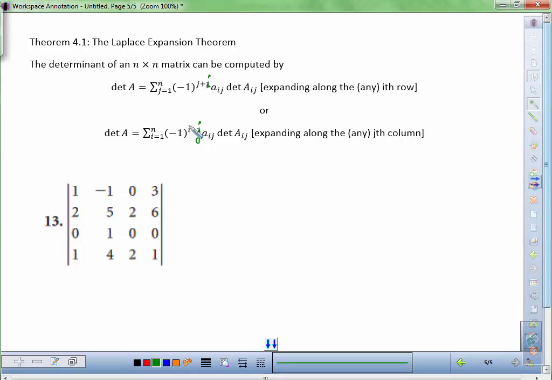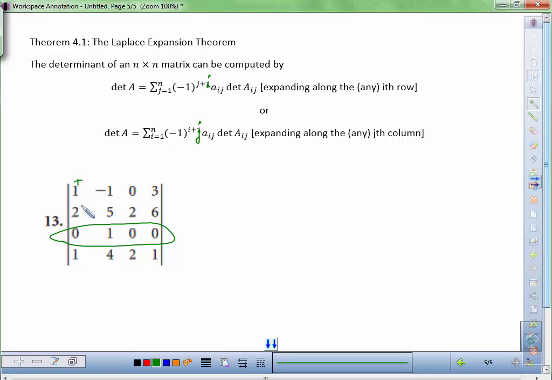Anyways, if you had a choice on which row or column to expand on, which one would you choose? If you look at the third row, you got some nice zeros going on there. And because they're zeros, we know that they're going to have a 0 contribution. So let's get the sign correct here.